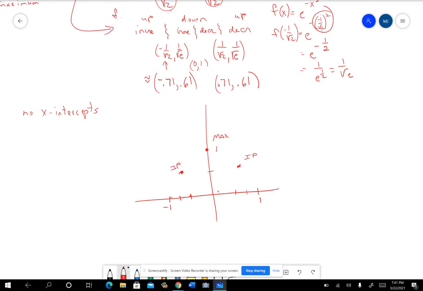Okay, so when I'm working on this section over here, from negative infinity to the negative 1 over the square root of 2, which is right there, I need it to be concave up and increasing. And this is an asymptote right here. So it's got to get close to that. So it's going to be concave up and increasing.